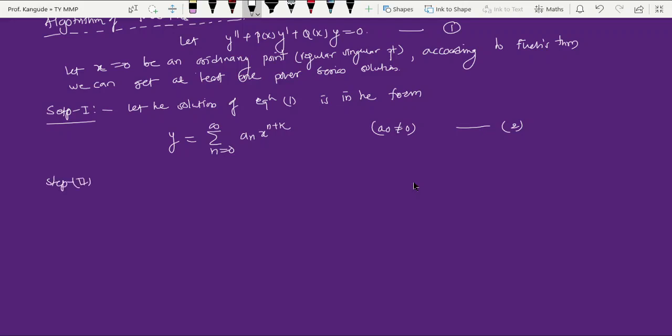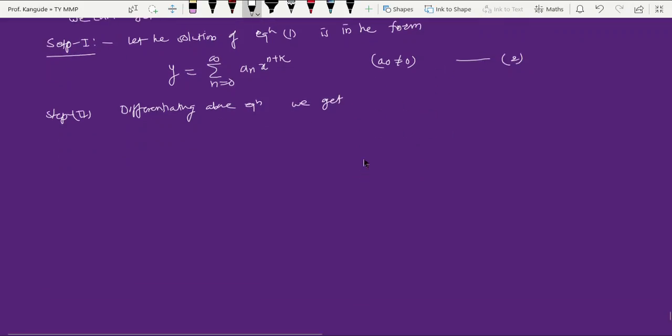Step 2 is differentiate the above equation. Differentiating the above equation, we get the first and second differentials. The first differential is y dash, that is dy by dx.